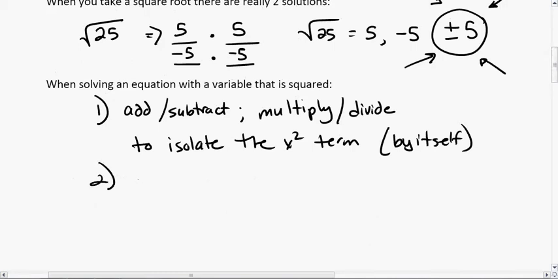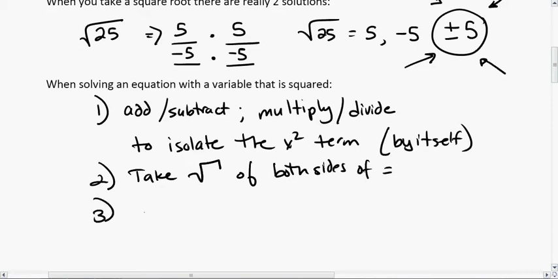Next step is going to be to take the square root of both sides of the equation. So take the square root of both sides of the equal sign. And the third step is just to remember positive or negative roots or solutions.